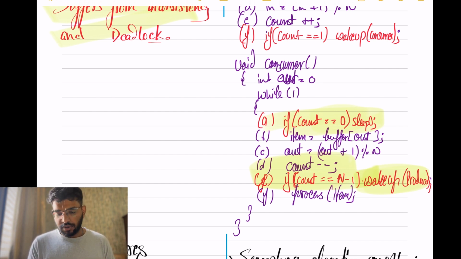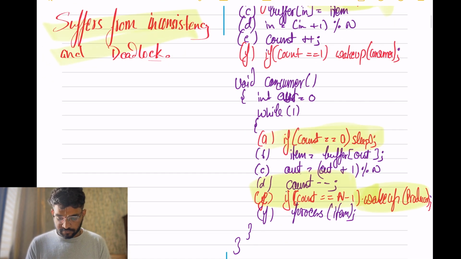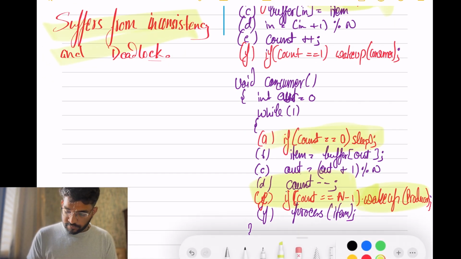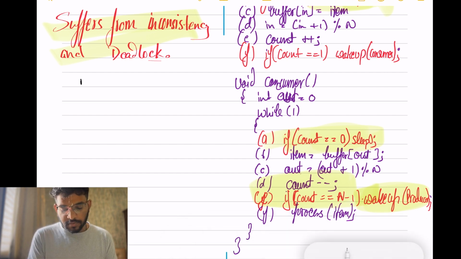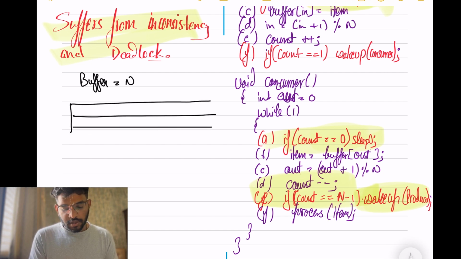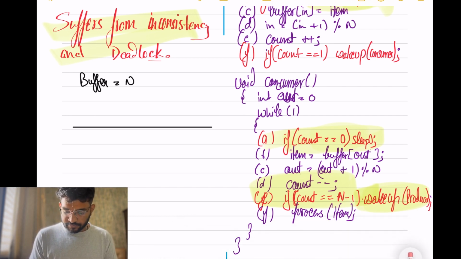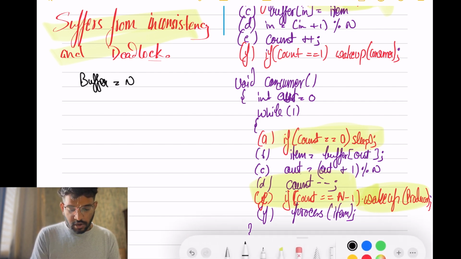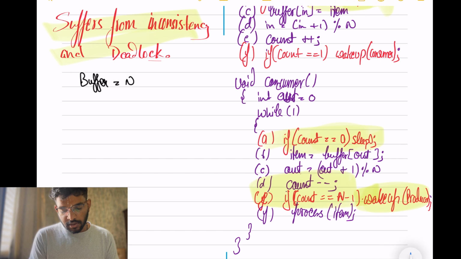So I will just illustrate this a little better. Initially the buffer is full, the buffer equals n, and the producer is executing here. Now the producer is executing with the buffer full.